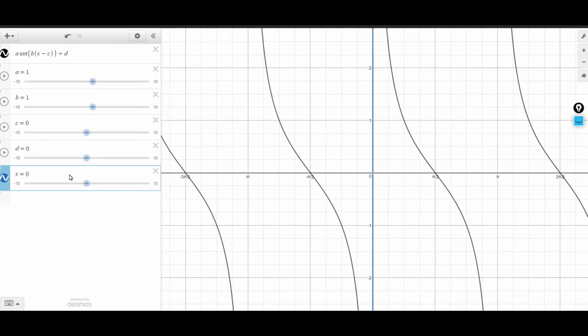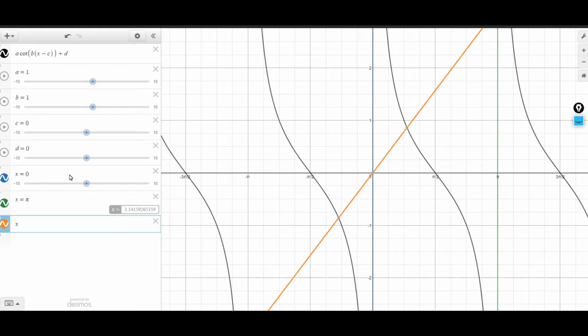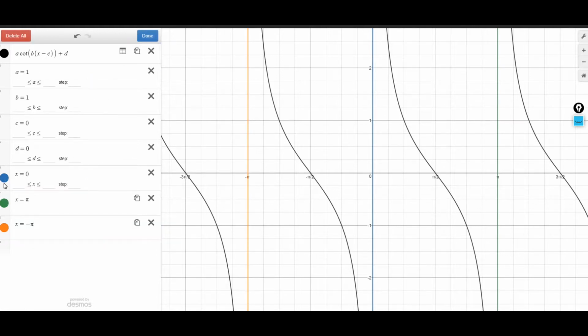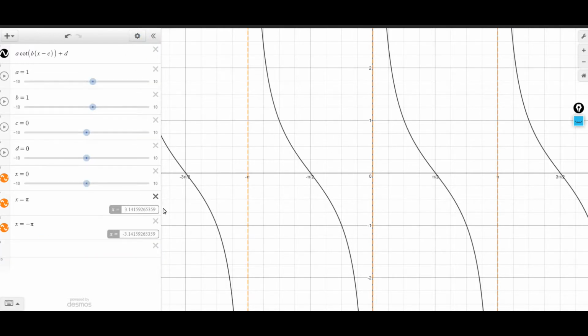That's a vertical line at the 0 point. x equals pi, that's a vertical line there. x equals negative pi. Those are my asymptotes. Let me make them look as such. They're all dotted lines. Okay, so our asymptotes are very similar to our asymptotes before.